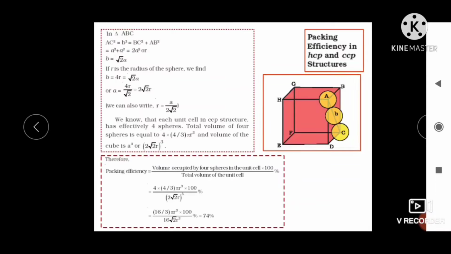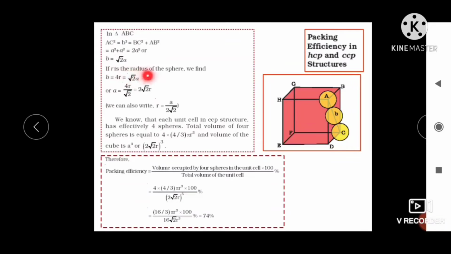We assume the edge length as a. If we substitute these values in this equation, we get b square equals a square plus a square, which is equal to 2a square. Then b equals root 2 a.